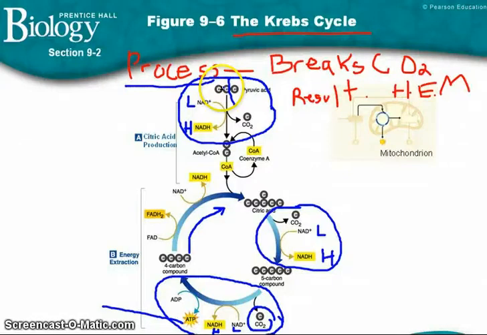An explosion gives you a lot of energy all at once, but it doesn't have energy for a long period of time. So your body's more efficient capturing energy from your food if it can do it little bits at a time rather than one kind of big explosion. So these high energy molecules then leave the Krebs cycle and they become a part of the next part, which is the electron transport.